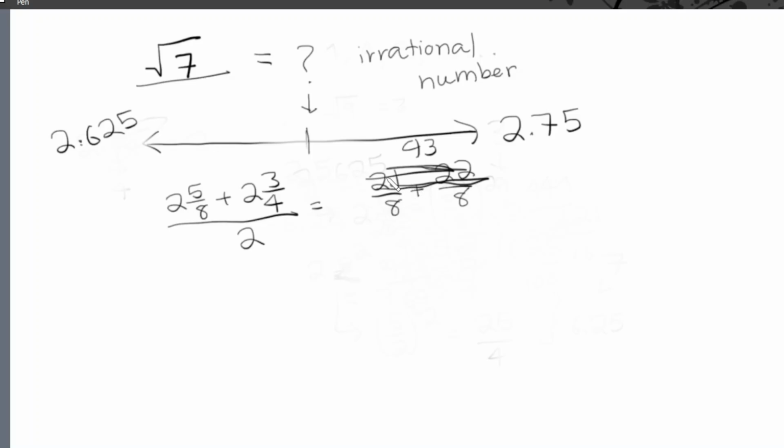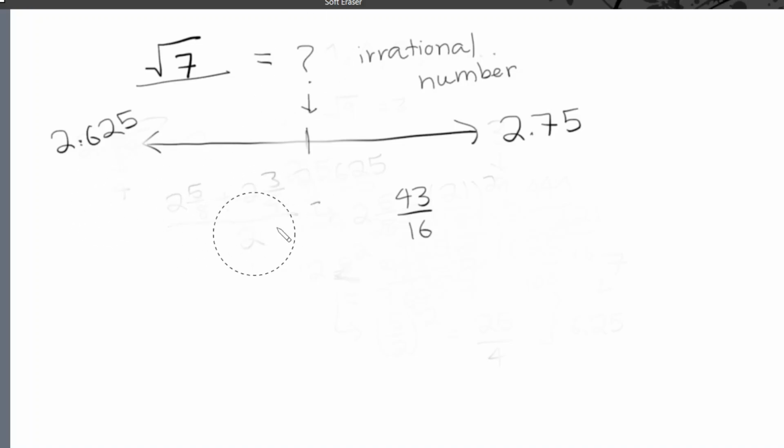Since we're taking the average, then it's 43 over 16. And let's just erase all this. And so now 43 over 16 squared.